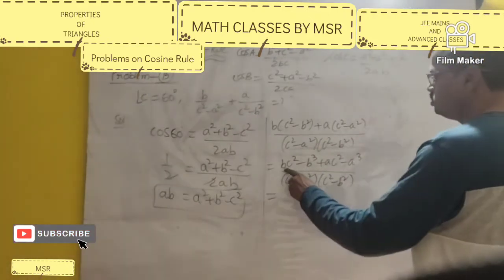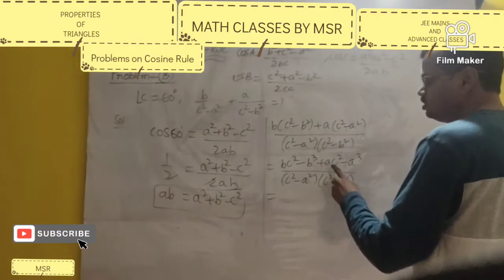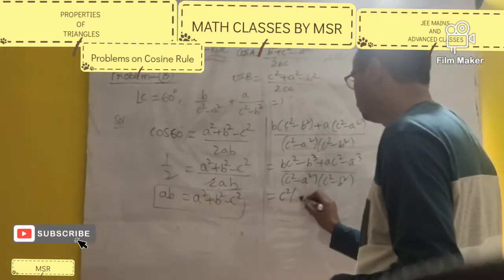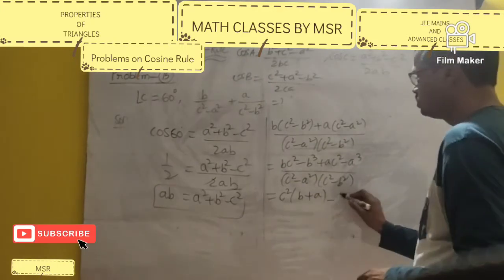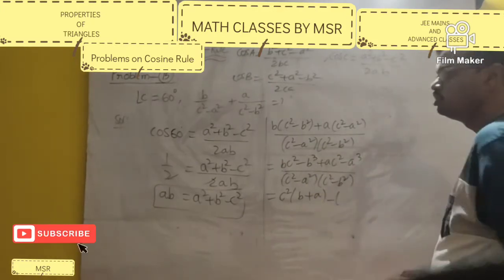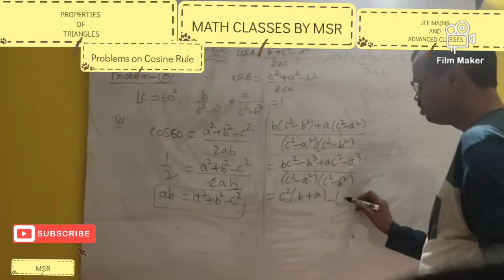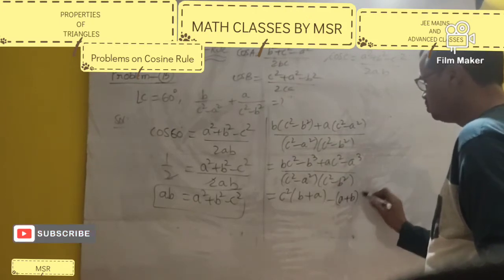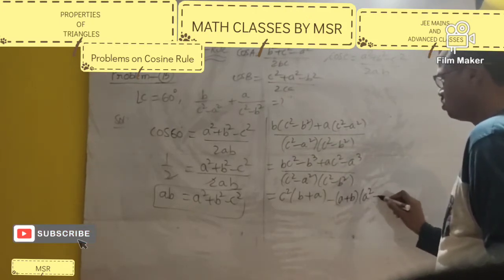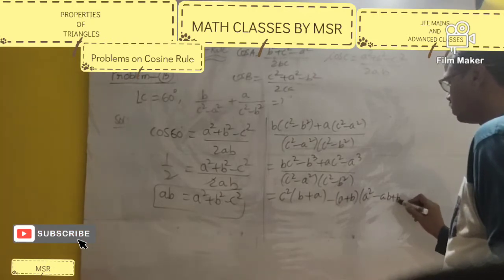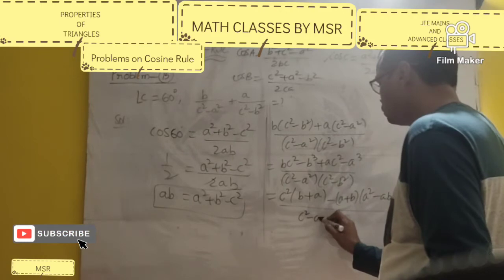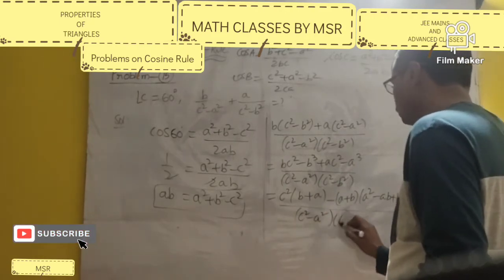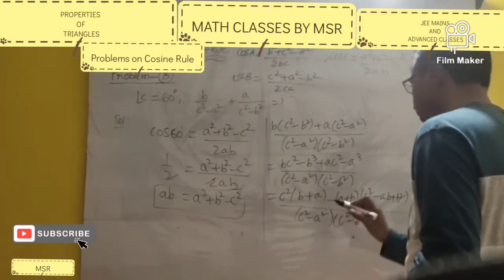Now what you do is, BC square and AC square, I can take C square common: C square into B plus A. Here take minus common: minus of A cube plus B cube. The formula is A plus B into A square minus AB plus B square, by C square minus A square into C square minus B square.